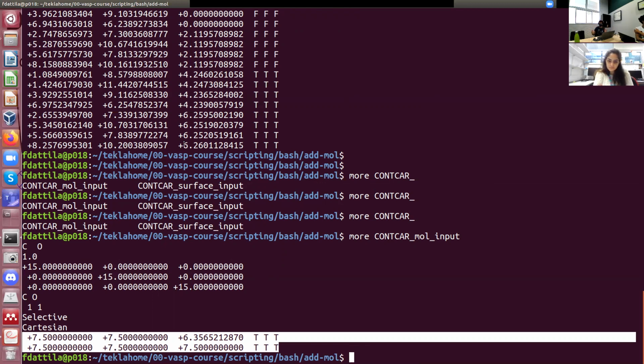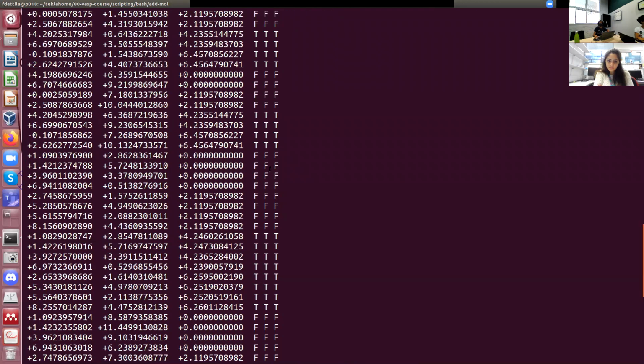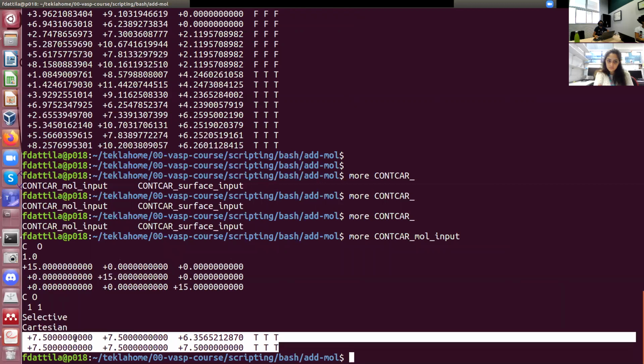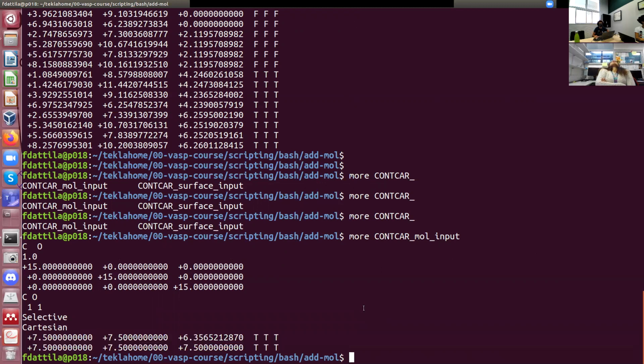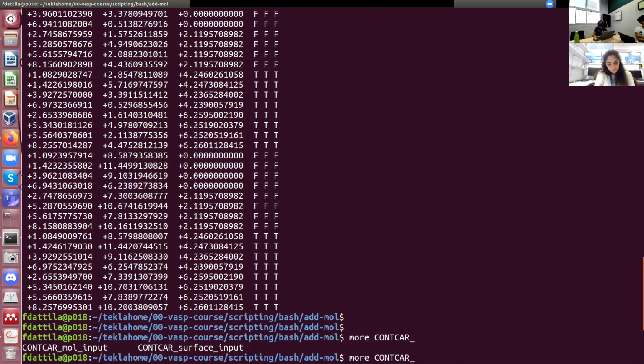Of course, the script will not work yet, because it will put this carbon and oxygen at Z positions 6 and 7. That will be in the bulk, which is bad because you will need to adjust the X, Y, and Z positions, but at least you are very close. The last step of the script will be to take these two coordinates and make some summation in order to have your CO on top of one of these atoms.